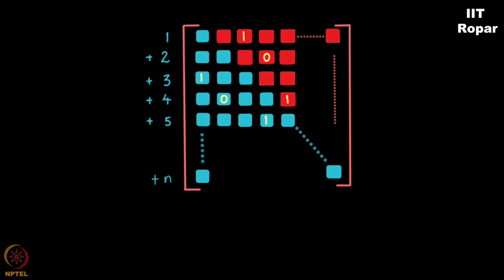So you have in total n into n plus 1 by 2 blue squares. And you can put whatever you want here. Whatever you put here, you will get corresponding values in your red blocks, as you can see, and that will be a symmetric relation. Or give me a symmetric relation, you can always see that it is symmetric along the diagonal.